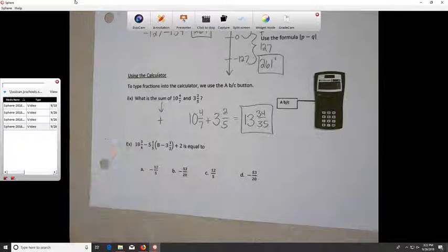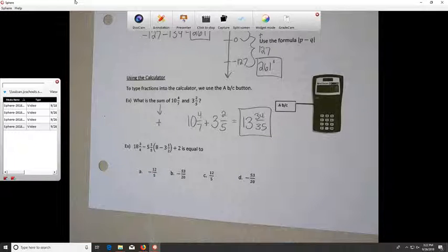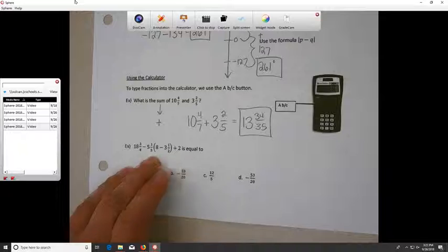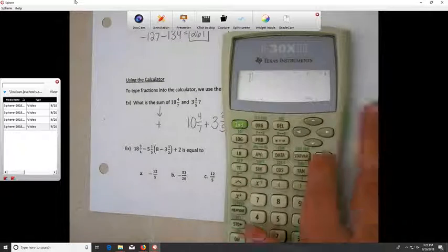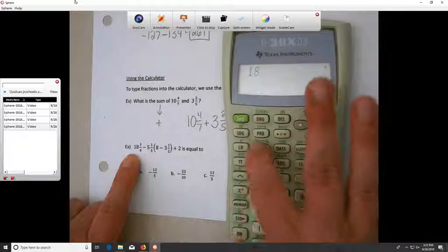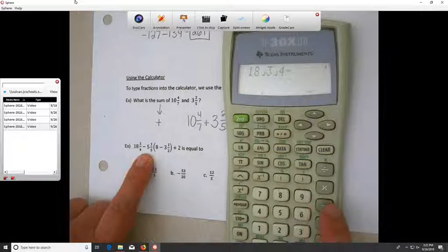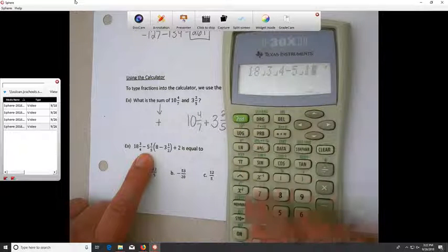And the one down at the bottom there is also just a calculator question. Alright, so technically this is order of operations, but your calculator will do order of operations for you. You just have to make sure that you're typing that in exactly how it appears on your paper. Alright, so I'm just going to start typing. So 18 ABC 3 ABC 4 minus, make sure you're doing minus and not negative, 5 ABC 1 ABC 5.